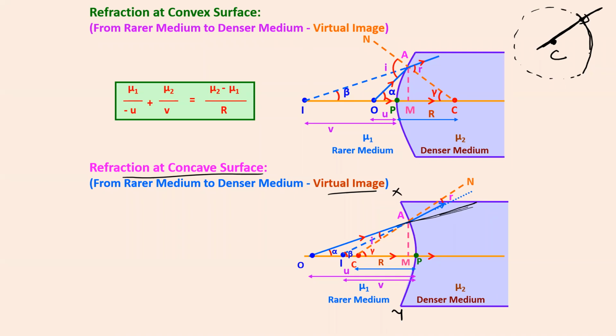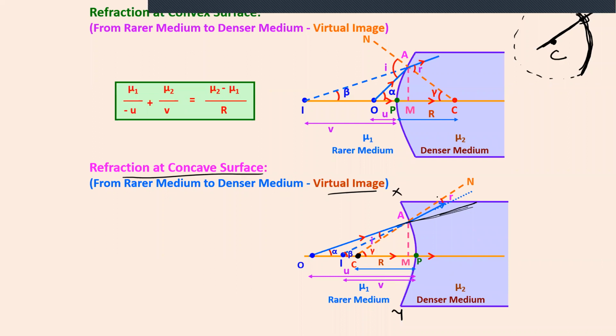For this kind of surface, your normal will meet the center of curvature at the left hand side, as your object is. So that is how you are getting the center of curvature on the left hand side. And towards the normal.